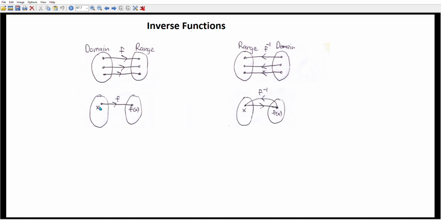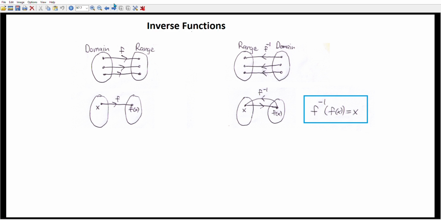So if we have an element x that f takes to f of x, f inverse takes that same element back to x. And what we can see here is that means that x, f of x, f inverse of that is x, right? X, f of x, f inverse back to x.